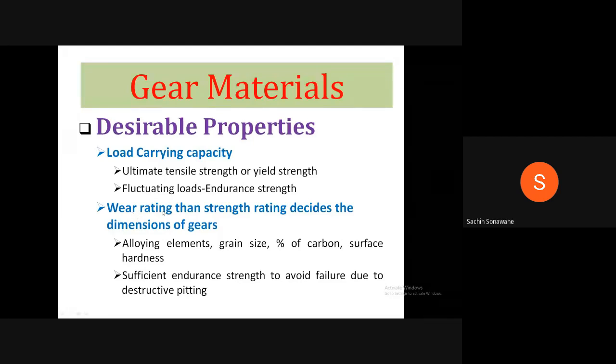Therefore, wear rating rather than strength rating decides the dimensions of gears. Alloying elements, as I have already told, alloying elements, grain size, percentage of carbon, surface hardness. The surface hardness is increased by using a heat treatment process. Similarly, gear material should have sufficient endurance strength to avoid failure due to destructive pitting. Destructive pitting we have seen in the last lecture.